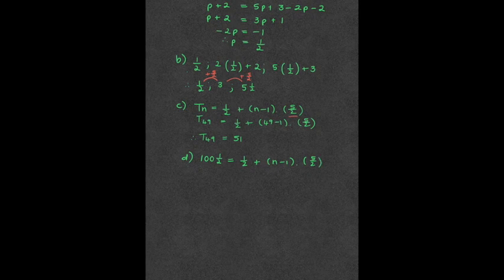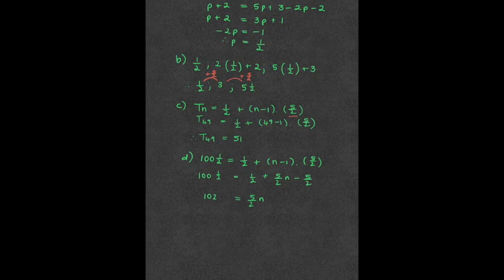All right, so let's just go about first removing the brackets. So plus 5 over 2n minus 5 over 2. Okay, so now let's go about solving this. I'm going to work with the 2.5n on the right hand side. So it's going to be 100.5 minus a half, 100, plus 2.5. So that's going to be 102.5.